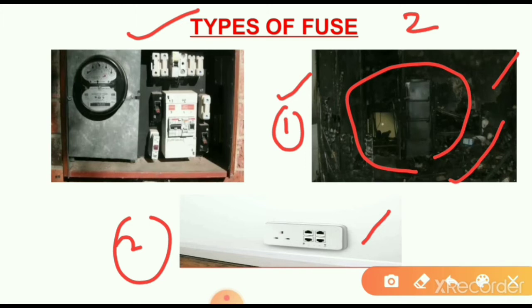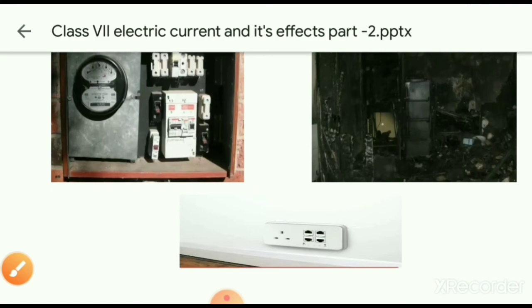This may also happen if the insulation on the wires comes off due to wear and tear. Overload mainly occurs due to connecting many devices. Only one socket will be there, but if we connect more devices, it is an overload. Okay, I hope you have understood the types of fuses.